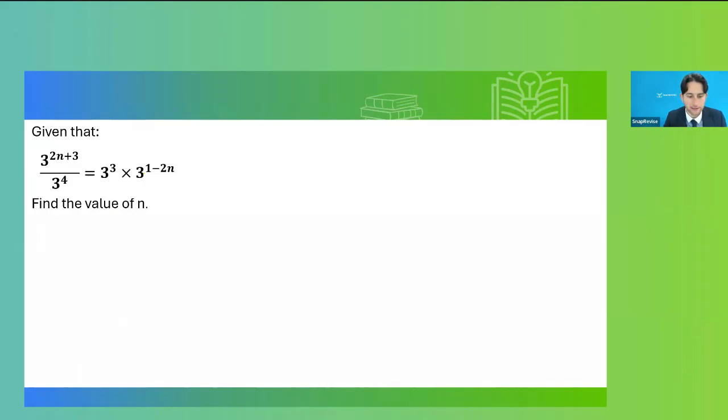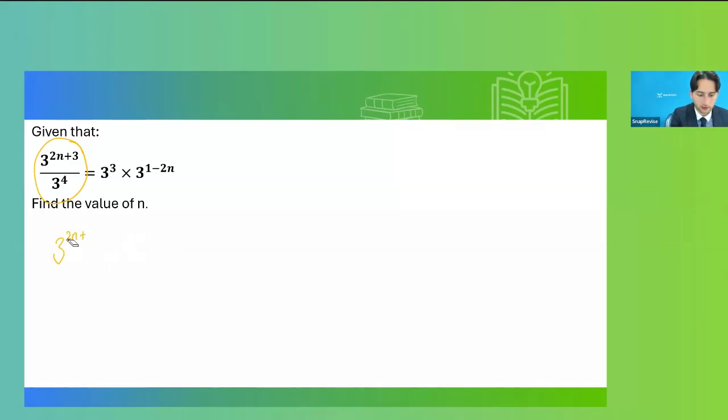So we've got 3 to the 2n plus 3 over 3 to the 4. Can we think about how we make a start there? What do we do in its division? When it's division, you can just think of it, if it helps you, like this. You subtract, don't you?